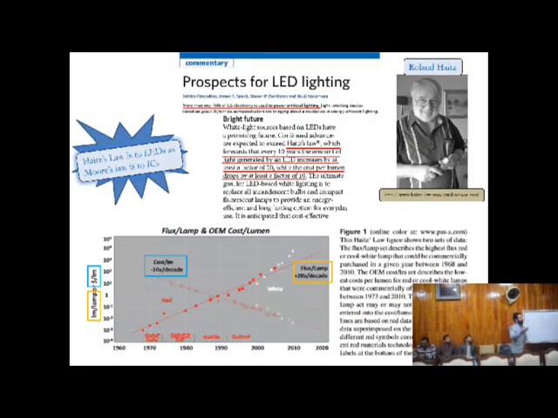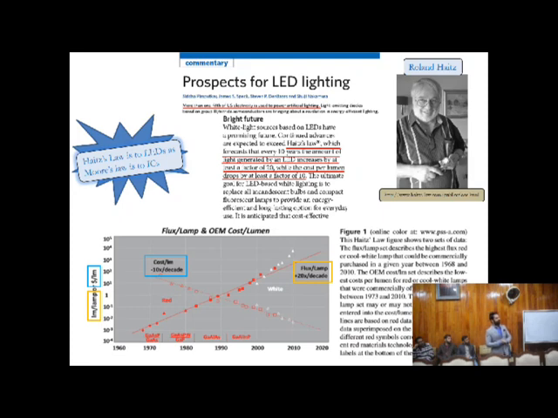So lighting, we all know Moore's law, anybody who has studied electronics. So this Haitz's law is actually the Moore's law for LEDs. It predicts that after every 10 years there is a drop of at least a factor of 10 in the cost of the LEDs and an increase in light output by 20 times.